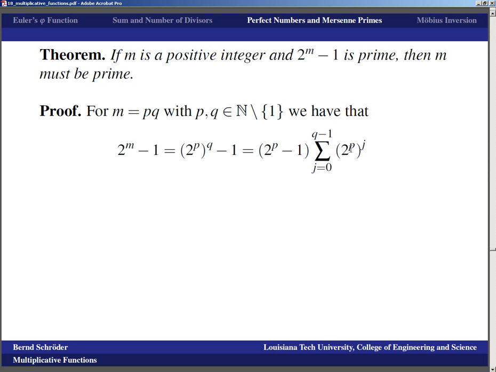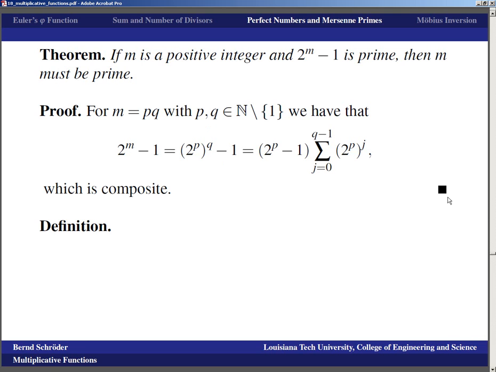That is the usual formula when you take a power minus 1: the base minus 1 times this kind of summation. And that would mean, of course, that it is composite, because p was greater than 1, and that handles this one.